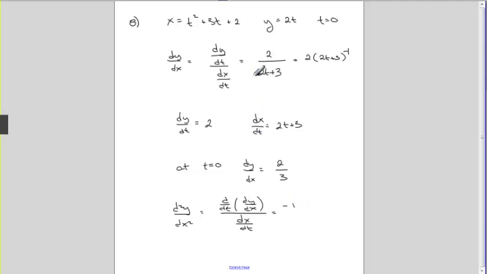I was going to say concave up, concave down; well, let's see what happens. So we get negative 1 times 2 times 2t plus 3 to the minus 2 power. And I guess that's it. Oh, I have to divide by dx/dt, which we've already done: 2t plus 3.